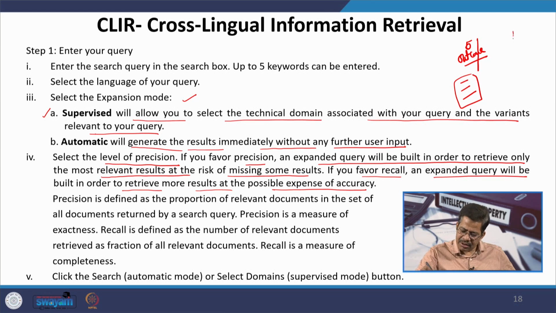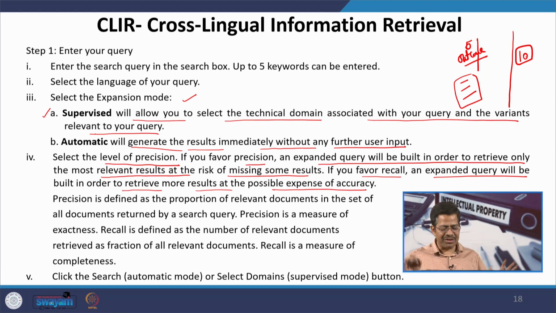In the other case, you may have a more expanded list, maybe 10, where you have all possible outcomes related to that. Here no such outcome is missed, but maybe some less relevant, some irrelevant IPs will also feature in this list. So, in the expanded query and the relevant query, this is the difference.